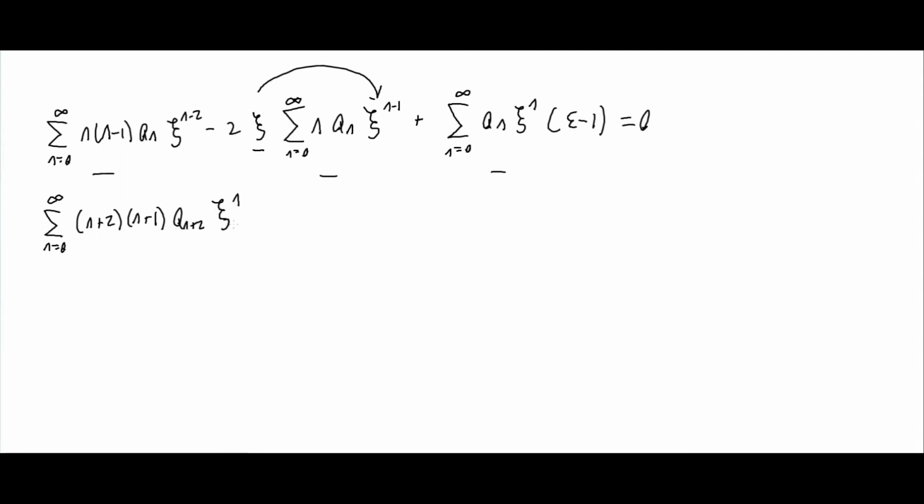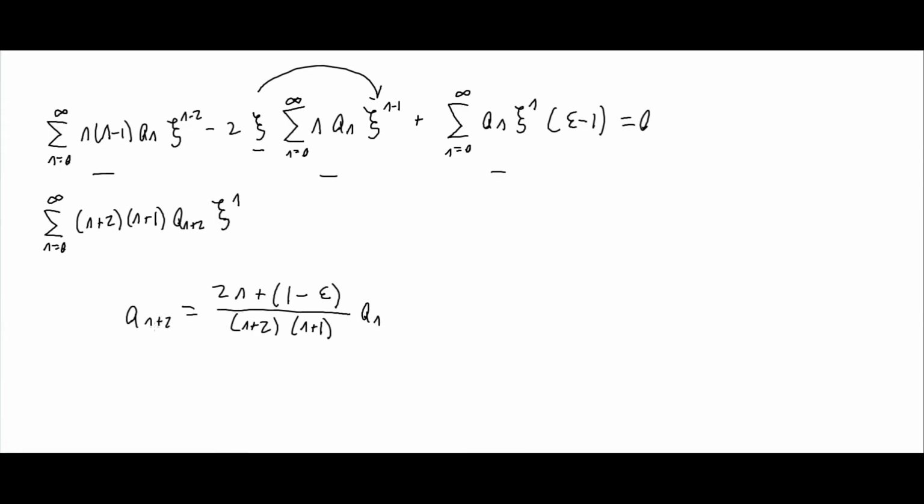And so this makes it easier for us to group the like powers of Xi. Then we would distribute the Xi out and set all of the coefficients equal to 0, and what we would end up with is a of n plus 2 is equal to 2n plus 1 minus epsilon over n plus 2 times n plus 1, and that is multiplied by an.